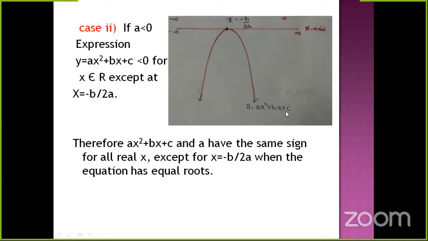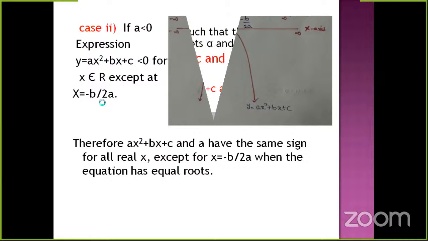The y means it is nothing but the expression is negative. So in this case also, I can conclude that if a is less than 0, the expression is also less than 0 for every x belongs to R except at the point x equal to minus b by 2a. So from this, if the quadratic equation has equal real roots, then the quadratic expression ax square plus bx plus c and the coefficient of x square, that is a, will have the same sign except at x equal to minus b by 2a.